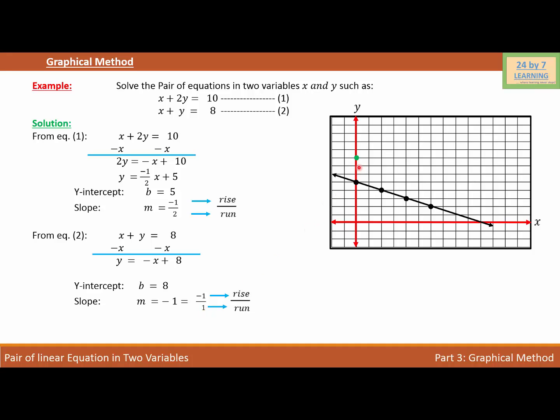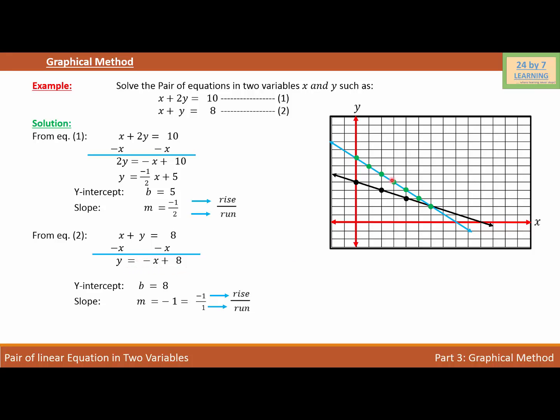So 1 down and 1 right, and again the same way. If I plot these points and connect them, this is my line for the equation y is equal to negative x plus 8.